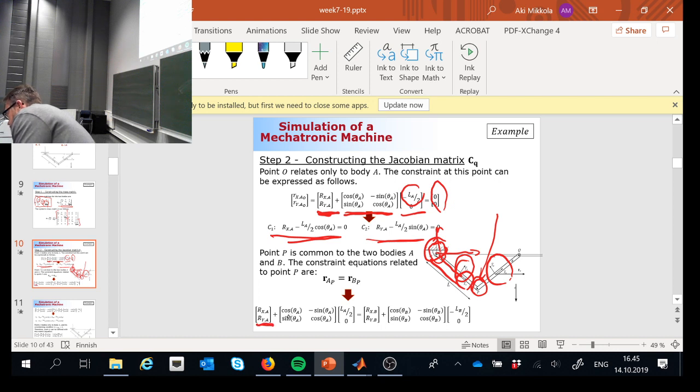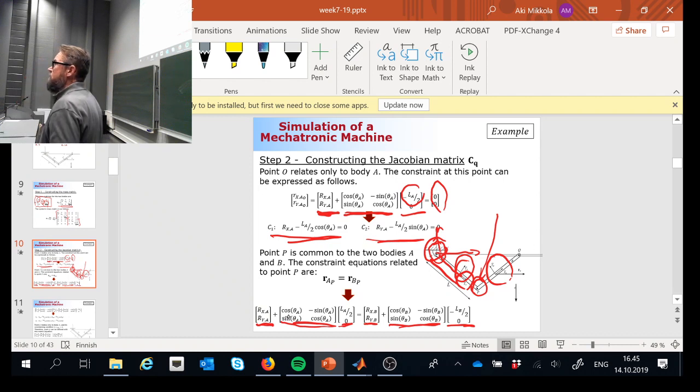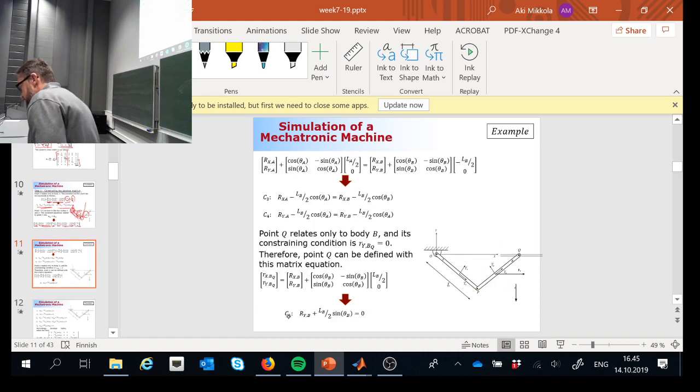So first translation, then orientation with the u-bar, and the same with respect to body B. Once I put in all these components, the left-hand side of the equation set equal to 0 gives my 3rd and 4th constraint equations. Clear?